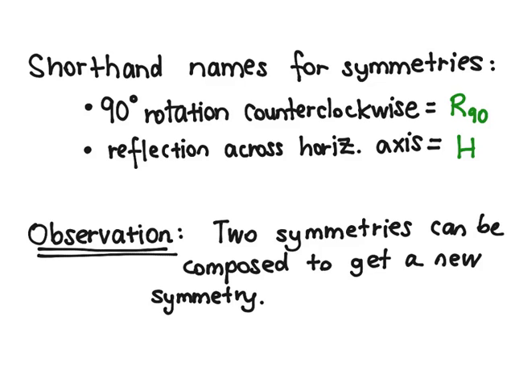Where that shorthand notation is really going to become useful is when we make this observation, which is that two symmetries can be composed, like composed as in composition of functions, and the result will be a new symmetry. Let me use the shorthand notation we have so far to show you an example of that.